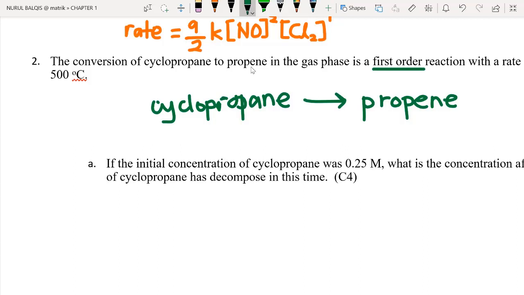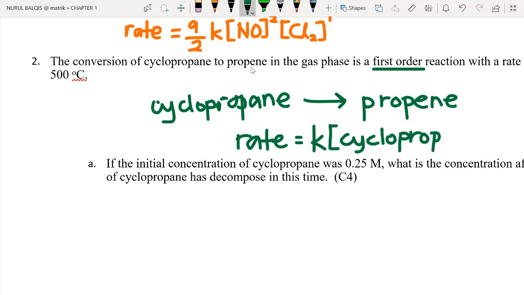Okay, so they already tell you that this order of reaction is first order. So we know that our rate law gonna be rate is equal to concentrations of, we know that we're gonna take only the reactant, so it's gonna be cyclopropane raised to the power of 1.